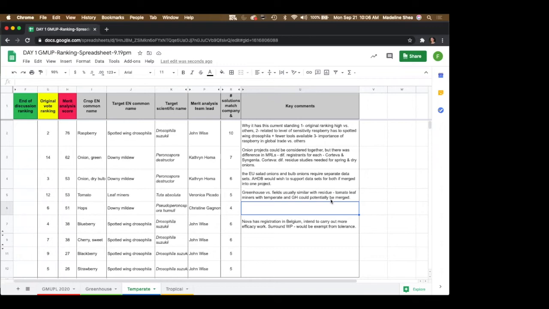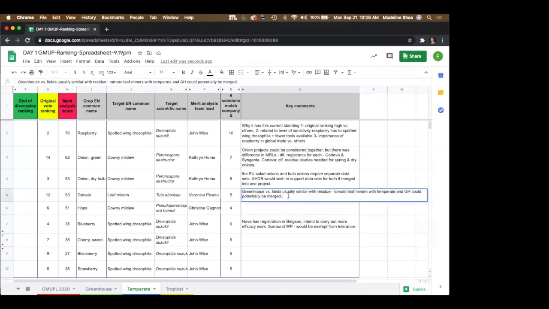We can't go back and merge it, but we can be mindful of how the ranking here under temperate field will impact the overall ability to proceed with greenhouse and temperate tomato leaf miner projects together, as Carmen had explained.